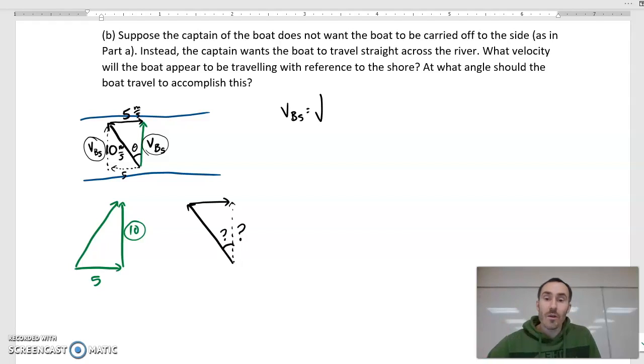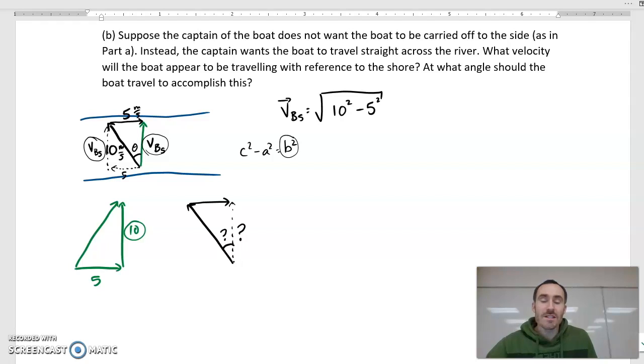So let's think about how we were setting this up. If that's the hypotenuse, we have to do c squared minus a squared equals b squared, right? Because we're looking for the adjacent side, we're looking for b or whatever. You could have made it a if you wanted to. We have to make sure that we are doing c squared minus a squared in the square root here. And so our c squared is 10 squared, and our a squared is 5 squared.